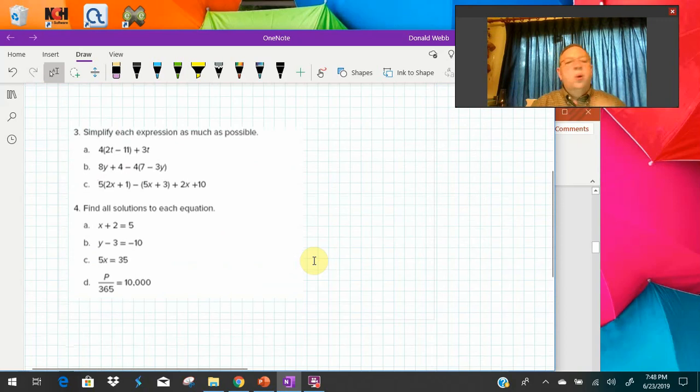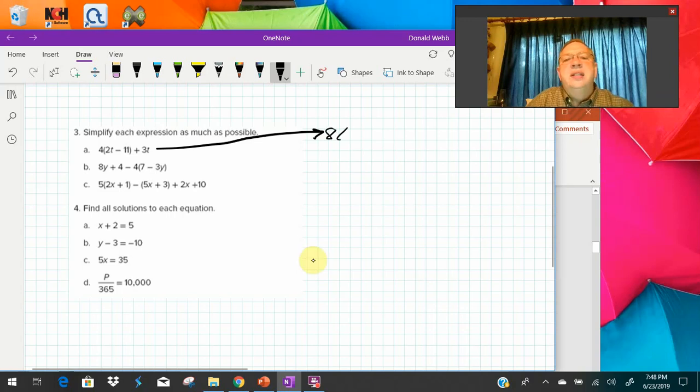So let's do some more work over here. Let's go through these, simplify each expression as much as possible. So I'm going to take a look at this one right here. I'm going to bring this over here so we can work. So I've got my 4 times 2t. So I've got to distribute the 4 across here, 4 across there, and then I'm going to group. So I need to come over here and I'm going to go 4 times 2.